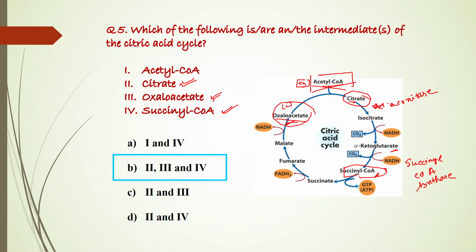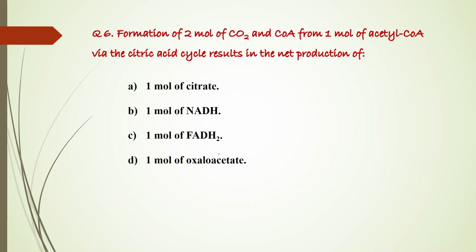It is not something that is formed within this TCA cycle. So 2, 3, 4, these are the intermediates of TCA cycle, not acetyl CoA. So your correct option should be option number B. Okay. Hope this is clear. Let us move to the next one.